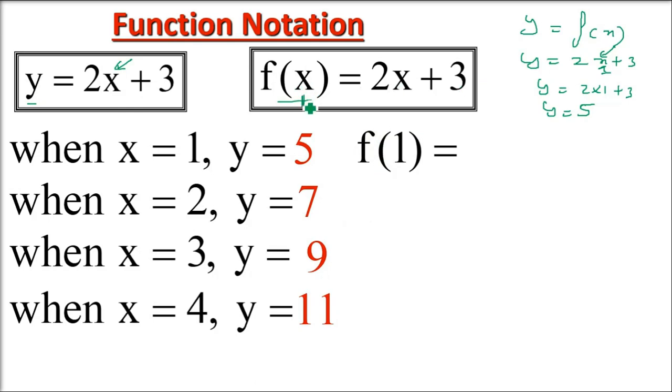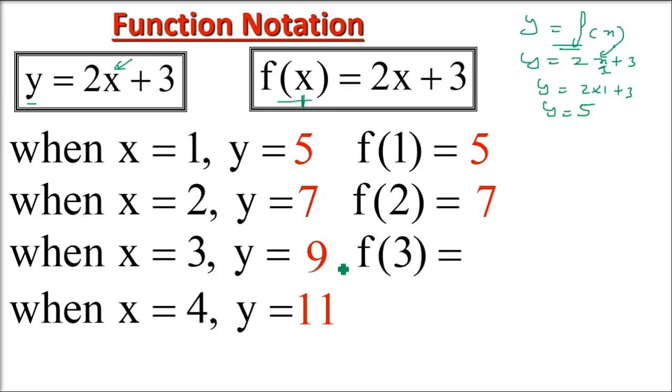So how do we write this? This is the function of 1 which gives you a value of 5. f(1) is 5, because f(x) is 2x plus 3. When you put x as 1, you get 5. f(2) is 7, f(3) is 9, f(4) is 11.